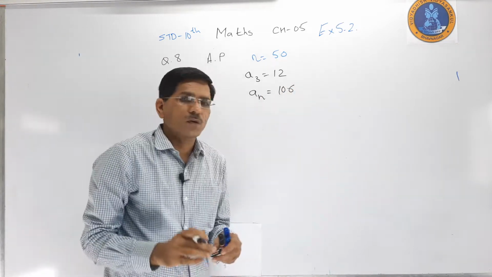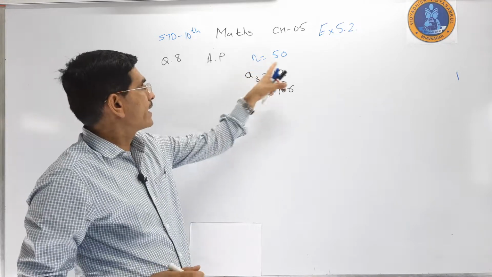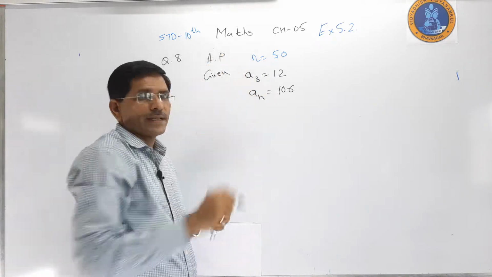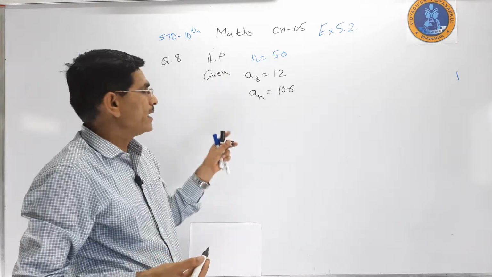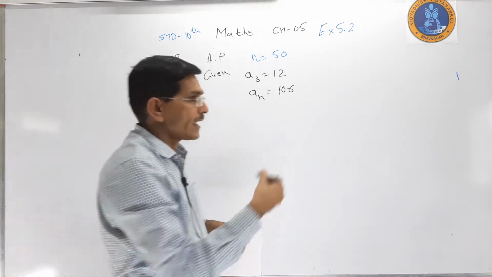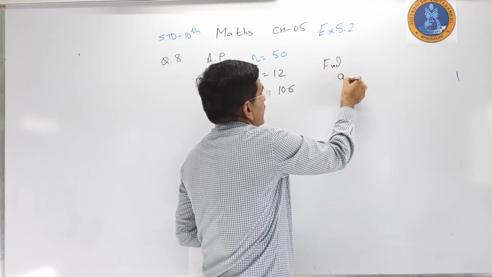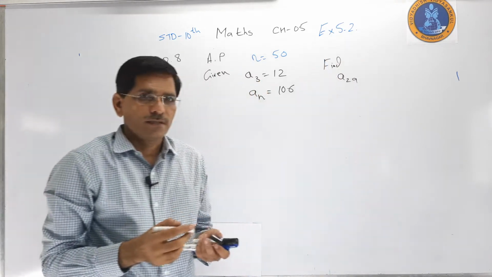If you read the question, what is given in the AP is n is equal to 50, A3 is 12, AN is 106, and what we have to find is A29.